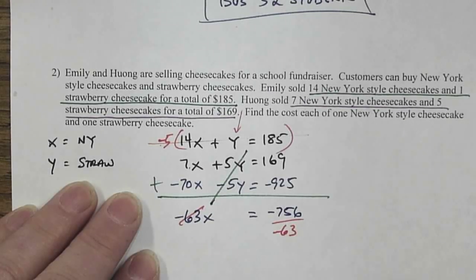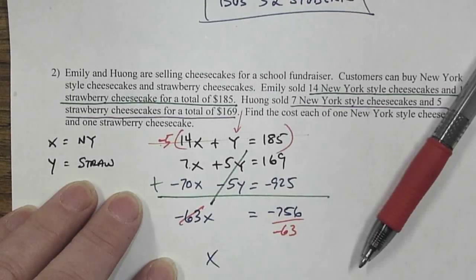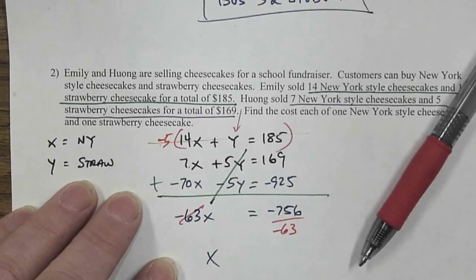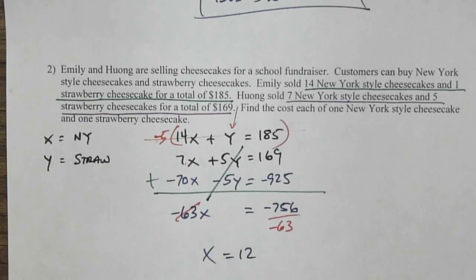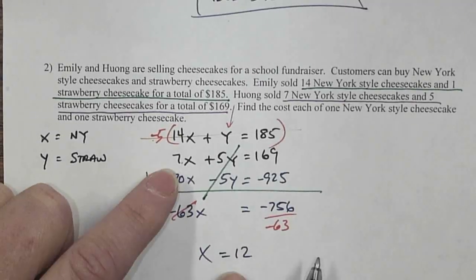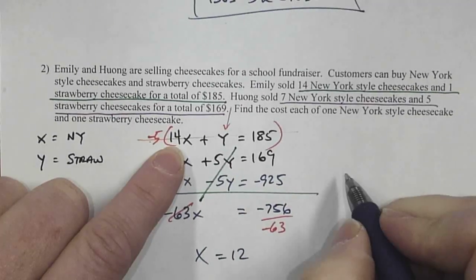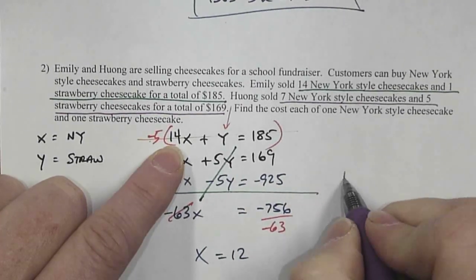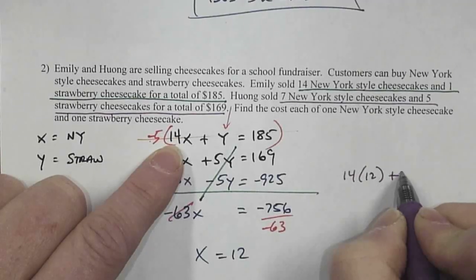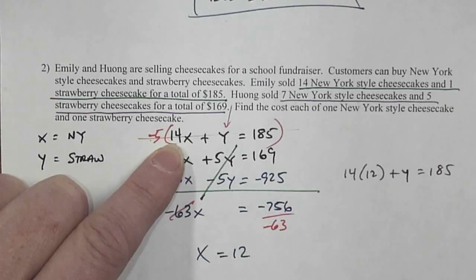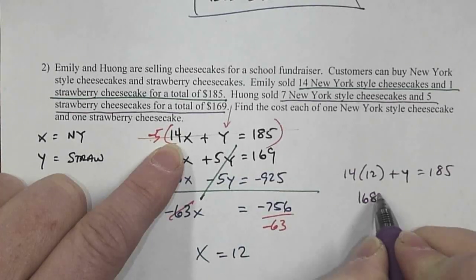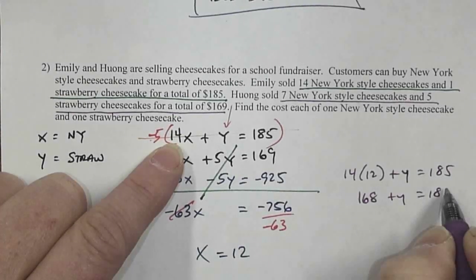Divide. And x is 12. So the New York cheesecake costs $12. I'm going to plug that back into the top equation. 14 times 12 plus y equals 185. 14 times 12 is 168 plus y equals 185.